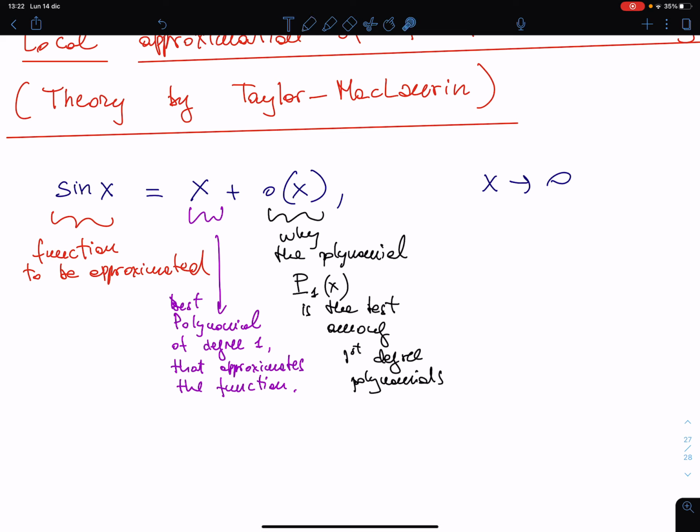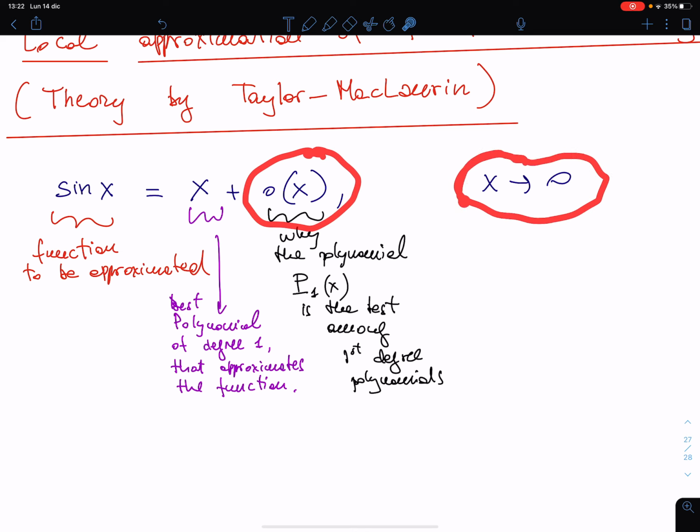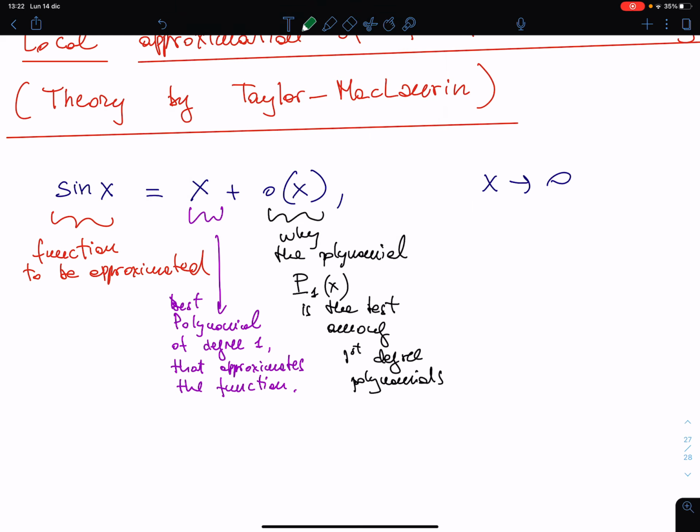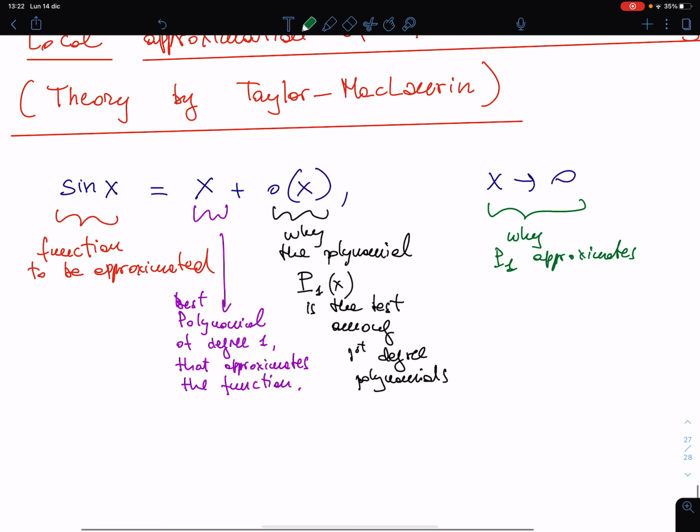Of course, if we introduce little o, we have to state clearly in which region of the line we are considering the function. So x goes to 0 here clarifies that the approximation is local. Why? P1 approximates the function, in this case sine of x, only locally.